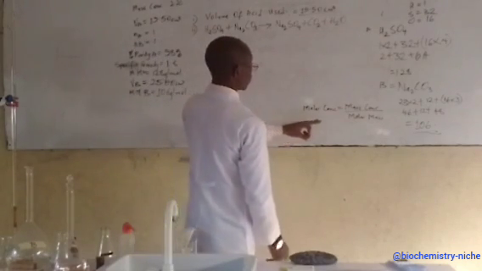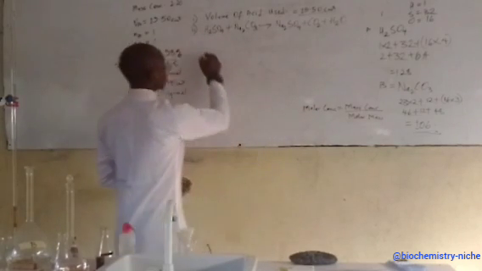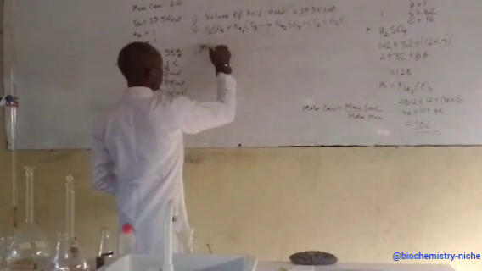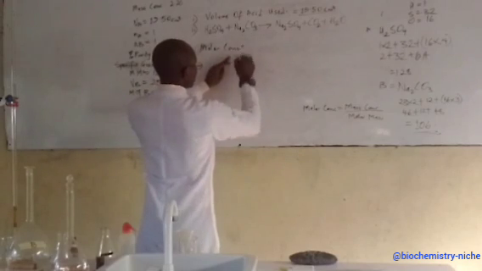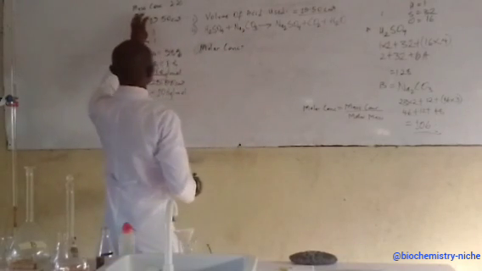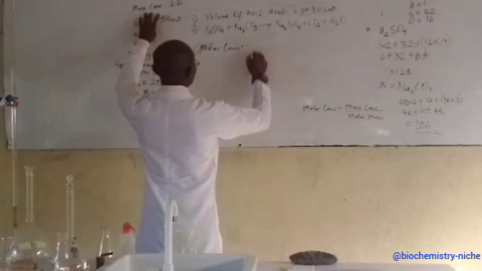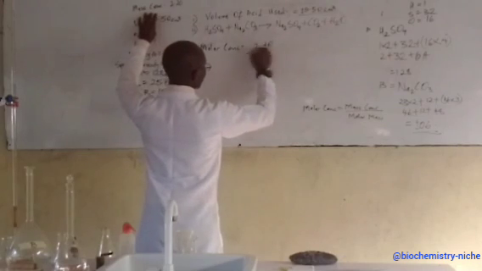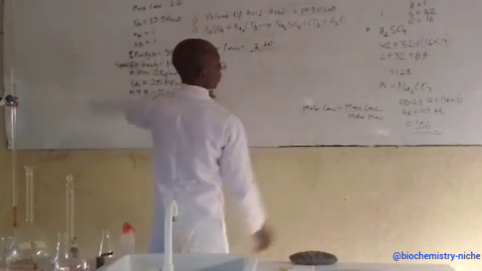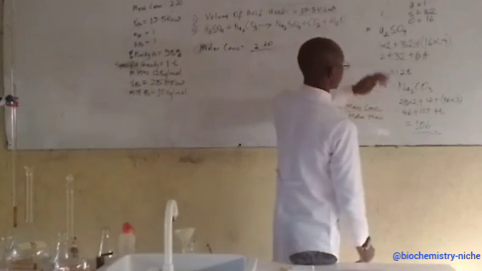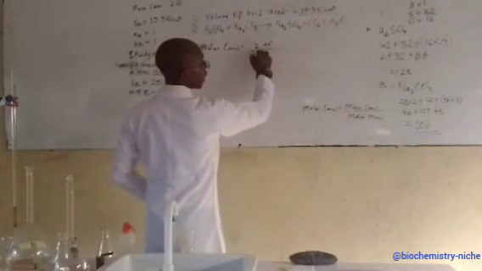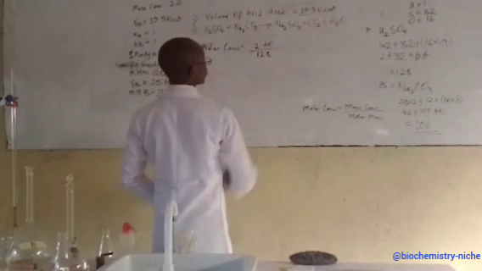All right, so let's see what we can do. Molar concentration, we'll have the mass concentration, 2.20, divided by our molar mass. The molar mass for the acid that we calculated, H2SO4, we have it to be 128.